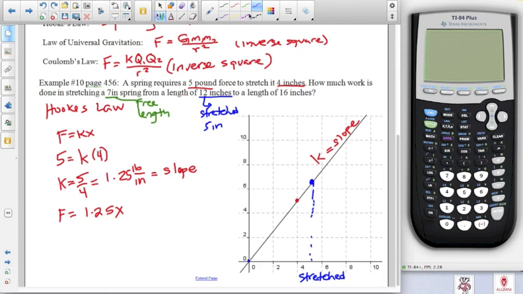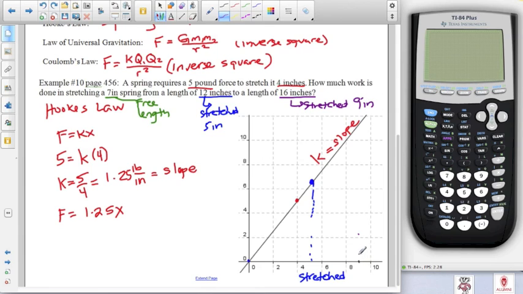And then if we stretch it to a length of 16 inches, then now how far is it stretched? So here it's stretched to a length of 16 inches, and if it starts out at 7, so it must be stretched 9 inches.